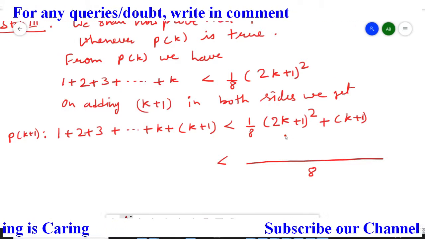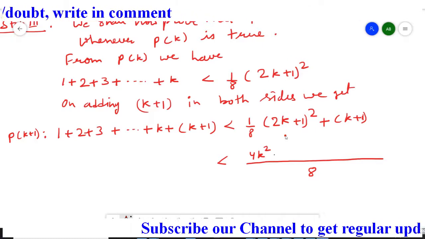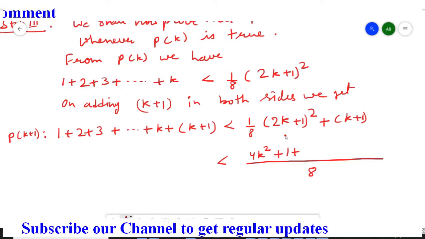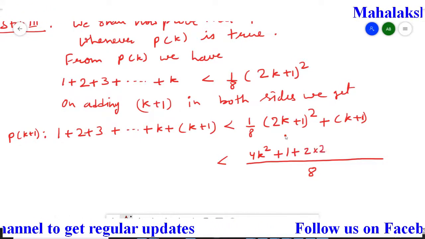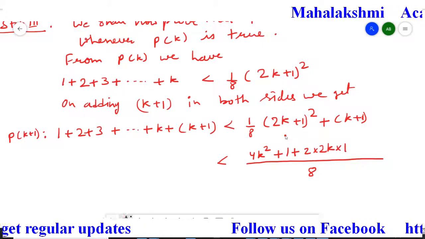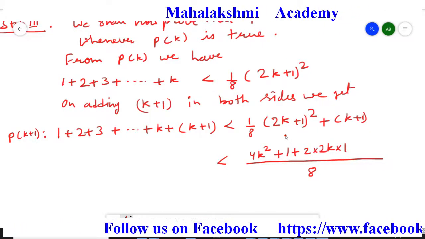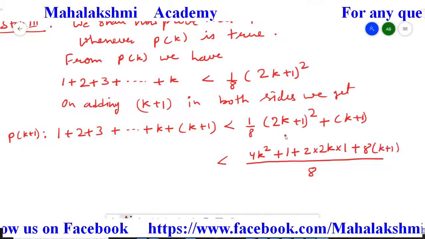So I am going to open it by a plus b whole square. So we'll get here 4k square, that is a square, plus b square, that is 1, plus 2ab. 2ab means 2 multiplied by 2k and then multiplied by 1. So I opened the bracket with the help of a square plus b square plus 2ab, then plus 8 multiplied by k plus 1.